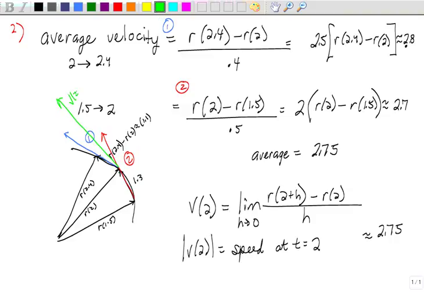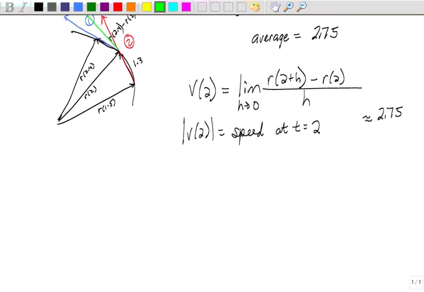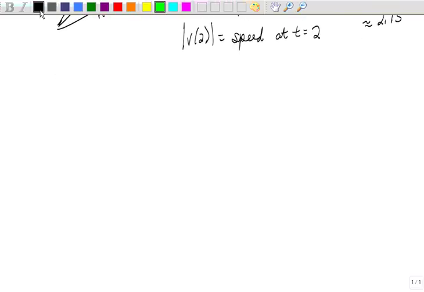That's going to be about v of 2. Okay, so we're just estimating these things and what they look like. So you don't have to get it exact. They just want you to see what these vectors look like.